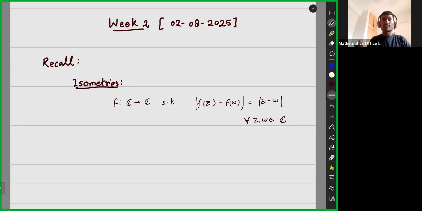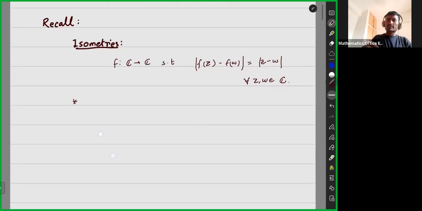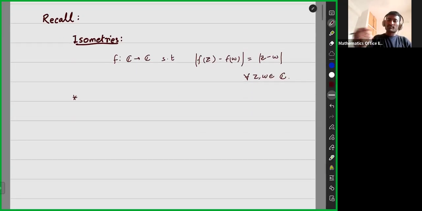So these kinds of functions are called isometries, and one fact about isometries that we have seen in the classroom is that they preserve the inner product which was defined in the previous week.